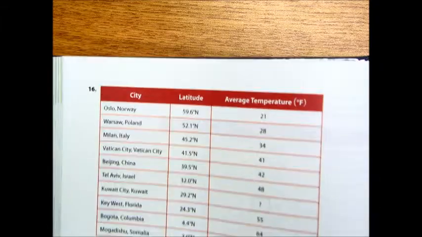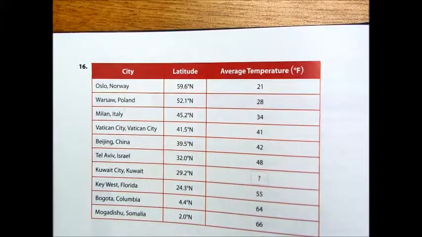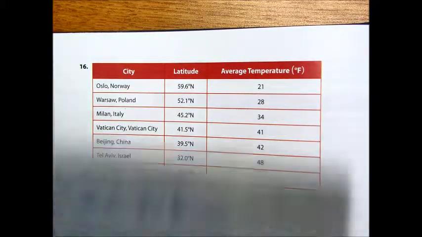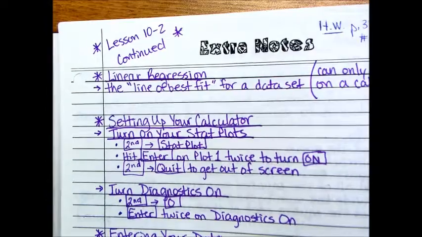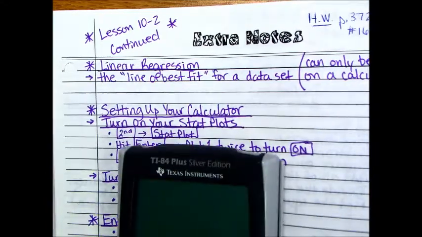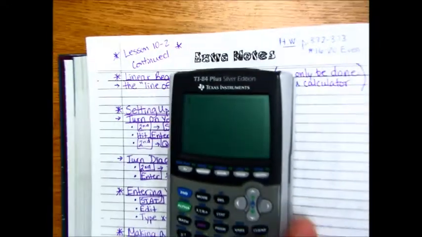Let's work through the calculator steps for this particular problem, and then we'll look at how we should write down our answer. Okay, so going back to your notes and getting my calculator here in front of me. Okay, here's a suggestion that I have.